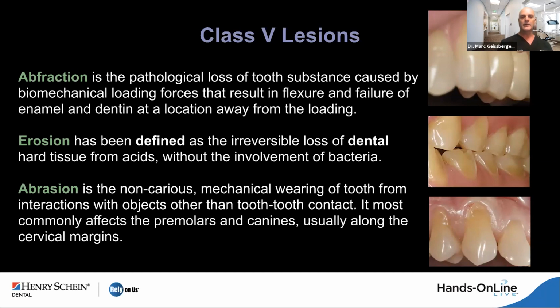Now, it's important to recognize that both the abfractive lesion and the erosive lesion will look a little different than the abrasion lesions. Abrasion lesions tend to be highly polished because they've been brushed, they're shiny, whereas erosive lesions tend to be more matte finish because they really actually have been etched. And abfraction has that very cleaved or linear look.